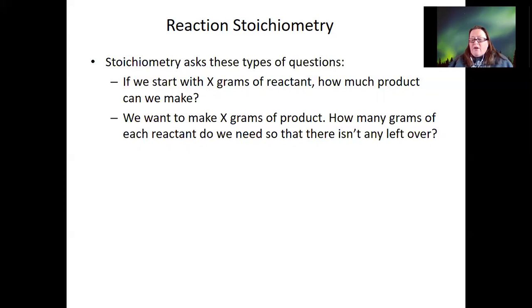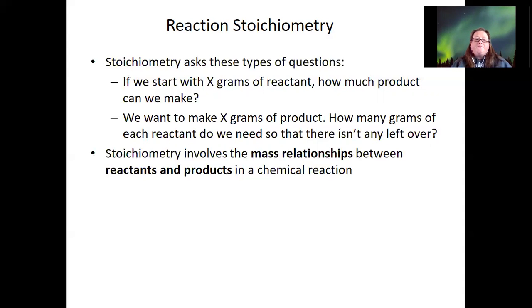So on an industrial scale, when we are making chemicals as a business, we have to be really, really smart about how much of each thing we need, and we have to be able to predict how much we're going to make. And that all comes down to dollars and cents in reality, knowing those things, because these are money-making ventures.